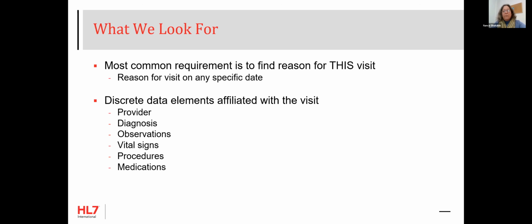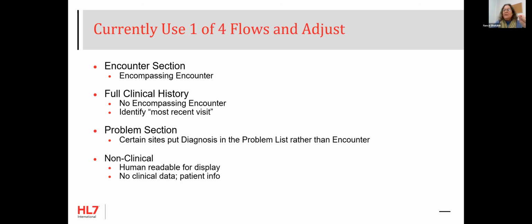This slide, and I'm going to try to move a little more quickly, just points to some of the things that we are looking for as discrete data elements, because that really is one of my critical points to press, that ultimately it is discrete data elements that we need to be able to use. So we have 4 different flows now that we follow.